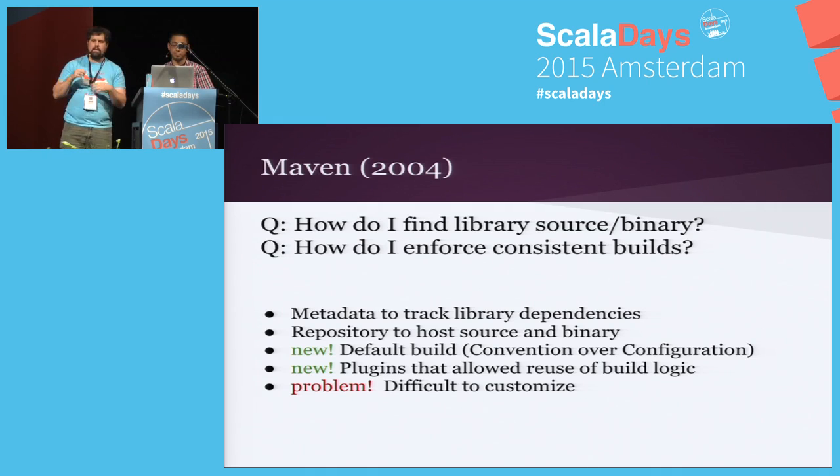The other thing was it had a notion of plugins where there were hard-coded life cycles where you can plug in additional functionality into the build. So there's this hard-coded convention lifecycle that everybody has, and you can put in custom tasks, right? The problem here, though, is that it was really difficult to customize. If you wanted to make a Maven plugin that did something differently than the default, you were kind of out of luck.